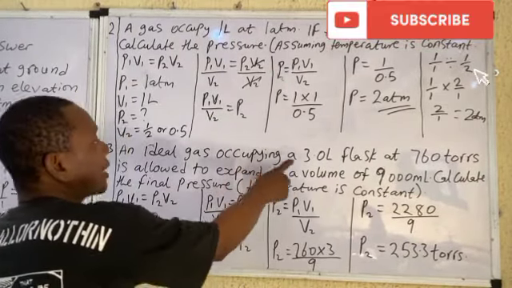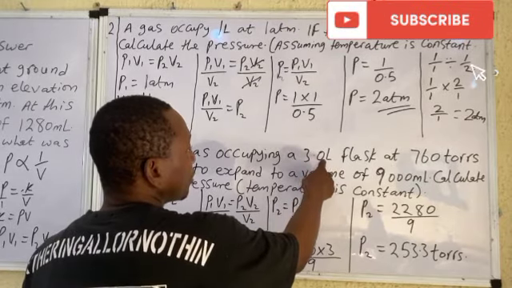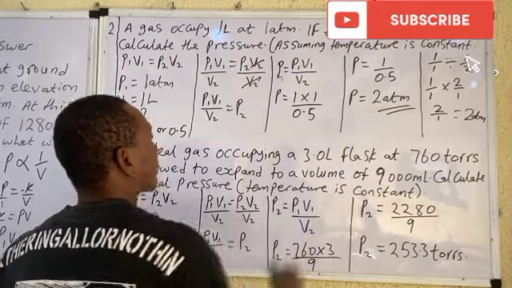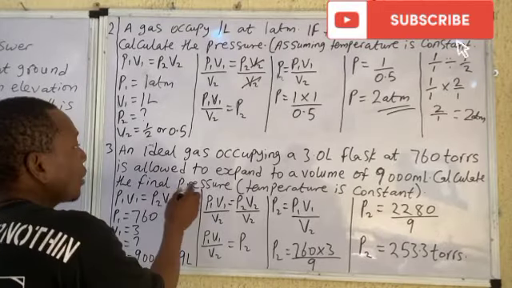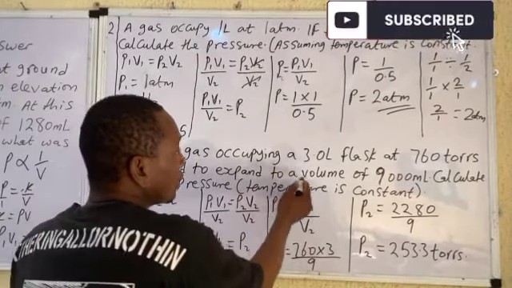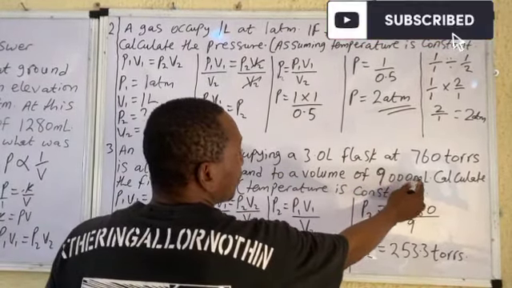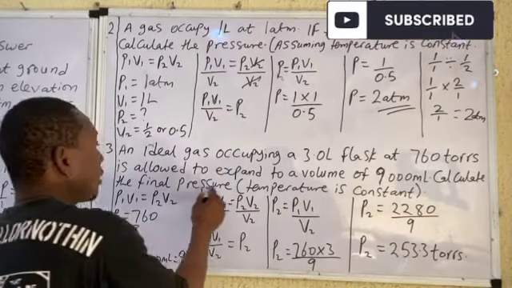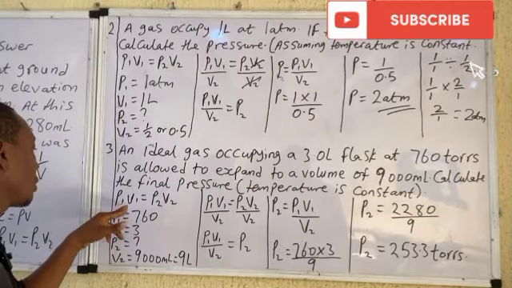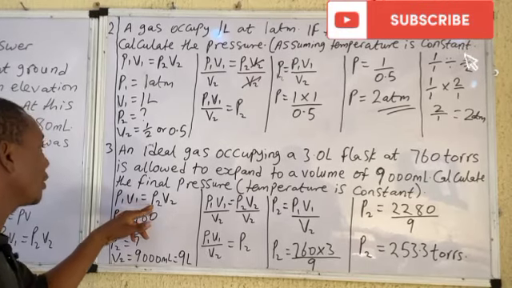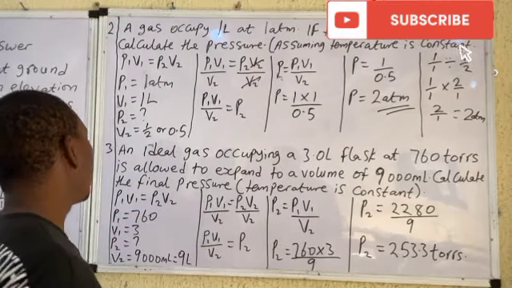An ideal gas occupies a 3.0 liter flask at 760 torr and is allowed to expand. Now the volume is expanding to 9,000 milliliter. Calculate the final pressure. As usual, this is our formula: the initial pressure, the initial volume, final pressure, and the final volume.